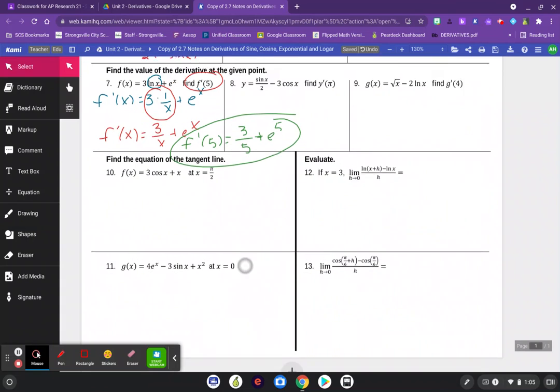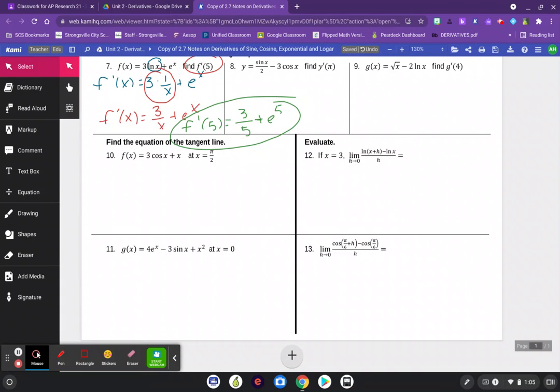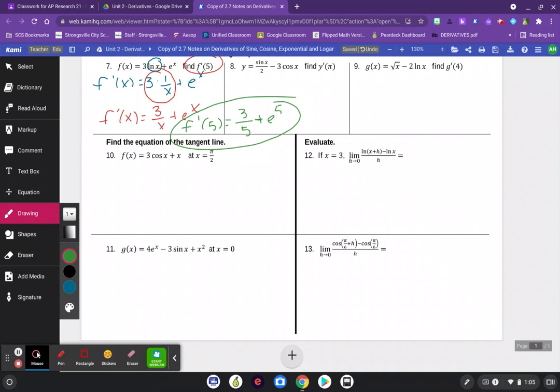Something like 10 and 11 is finding the equation of the tangent line. So you're going to work through the same process we did in 7, and what you're doing in 8 and 9 as well. You're going to find f prime of pi halves by first finding f prime and evaluating at pi halves. You have to evaluate the original function at pi halves.